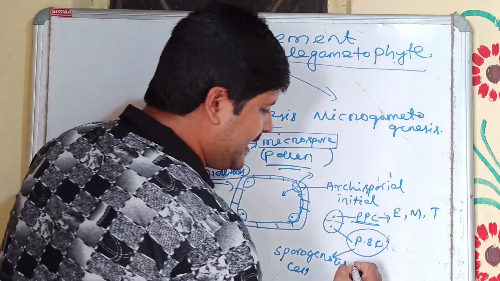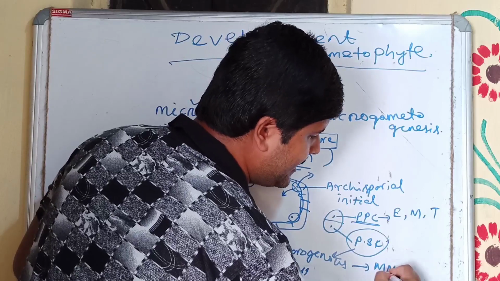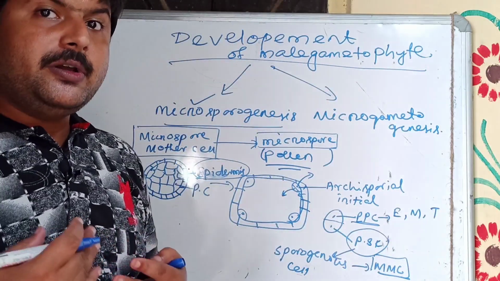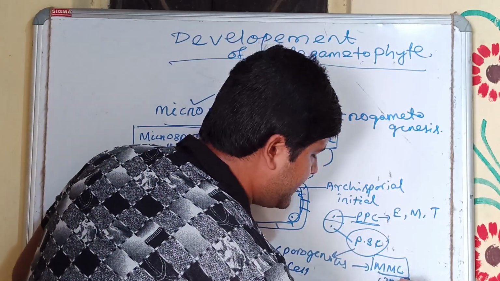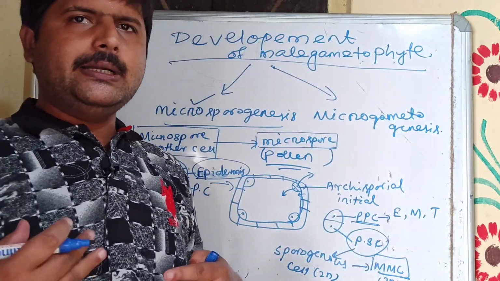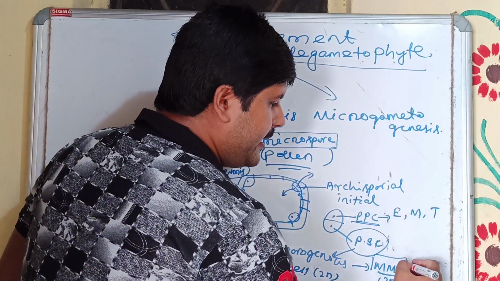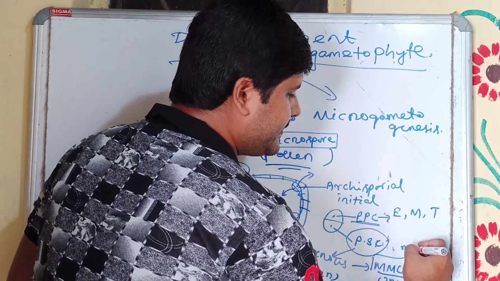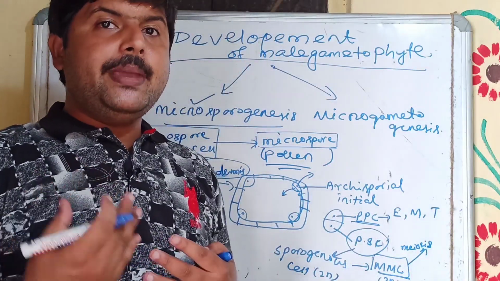These sporogenous cells act as microspore mother cells. The sporogenous cells and microspore mother cells are all diploid, meaning they contain two sets of chromosomes. Then the microspore mother cell undergoes meiosis.